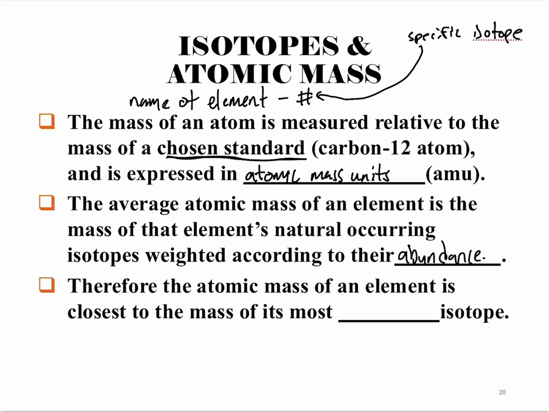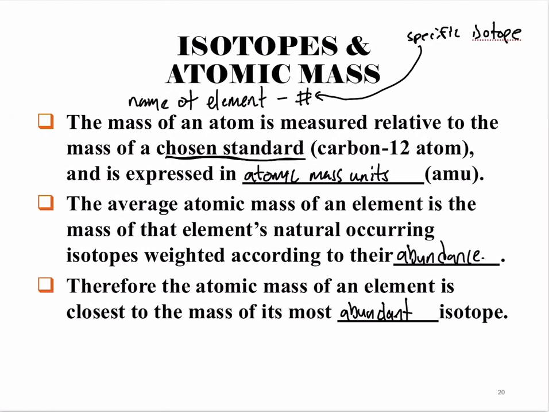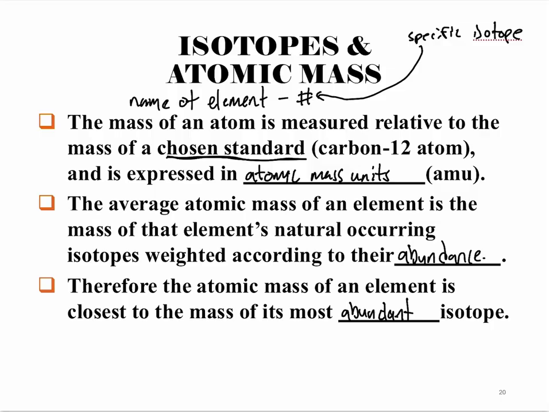And so the mass of an element is closest in value to its most abundant isotope. We'll use this as an opportunity in an example or two for how we can calculate averages and things like that related to percentages or how abundant something is.